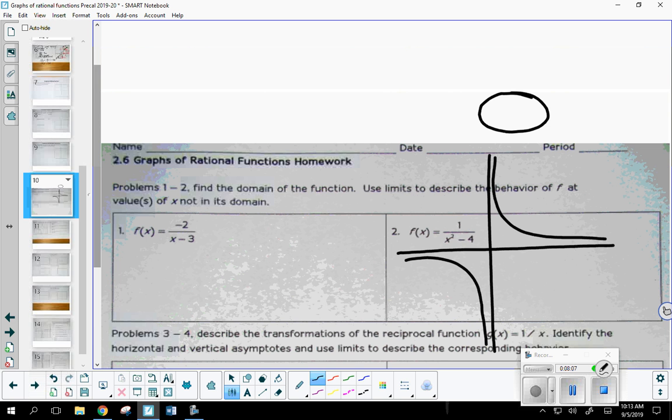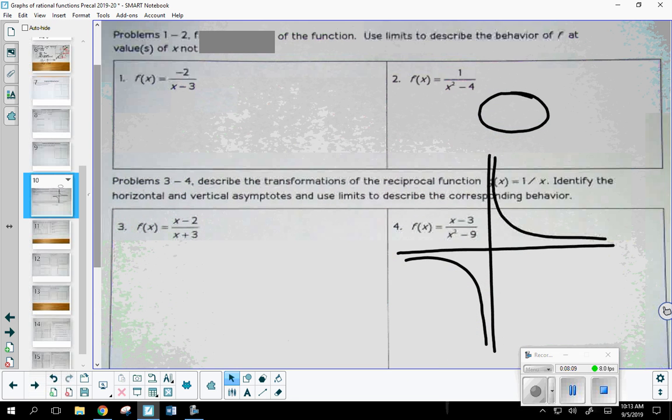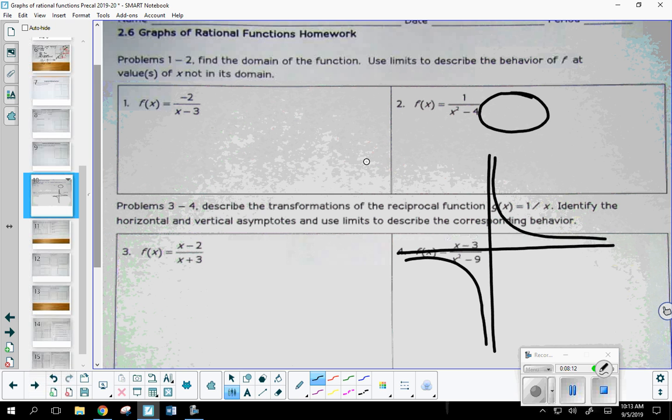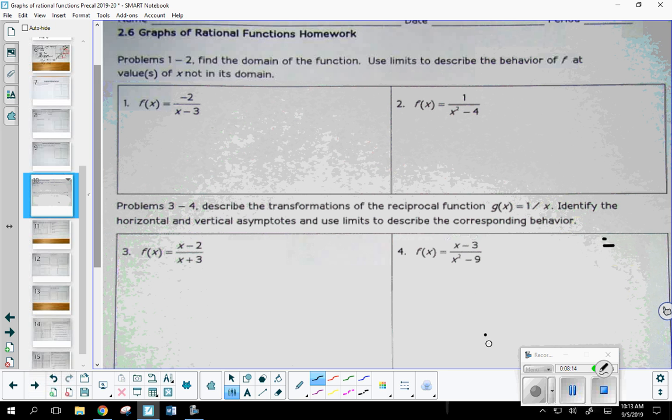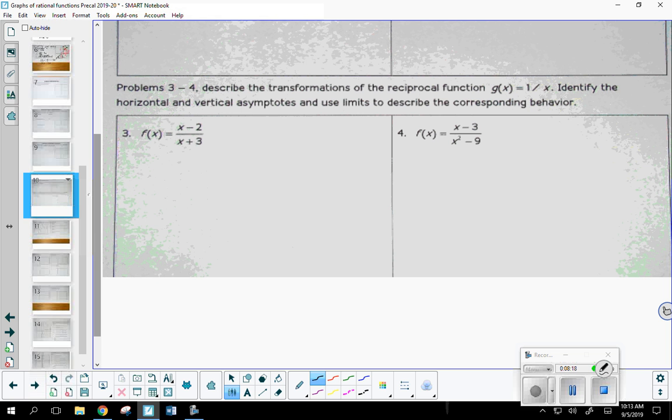Okay. So basically, what we're told is we're starting with the rational parent, this guy 1 over x. Well, this is the new transformation. Okay, so you want to describe the transformations that you see, basically just like we were doing a moment ago.